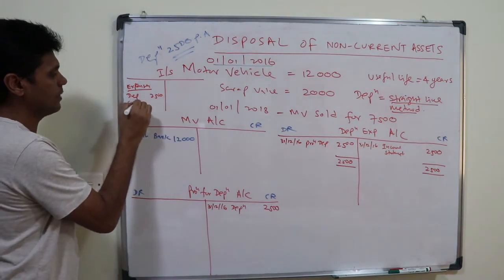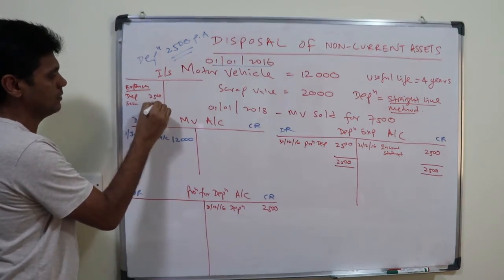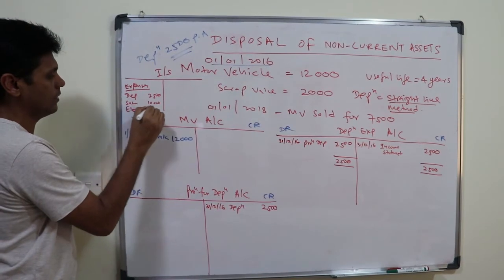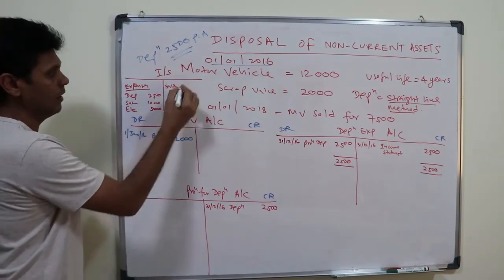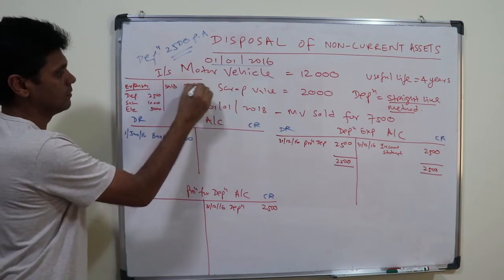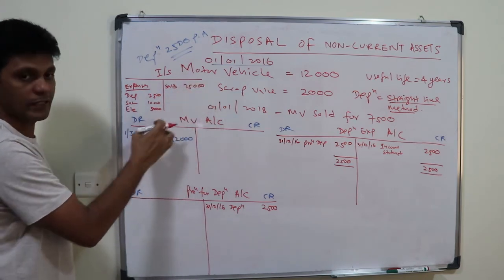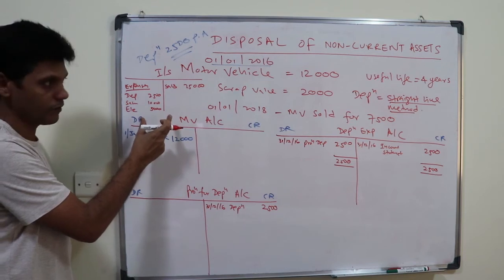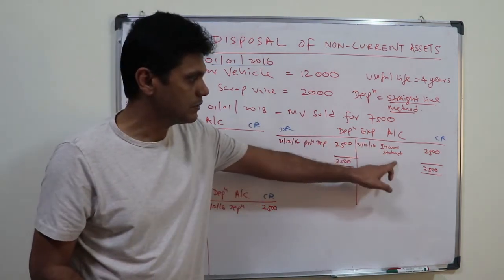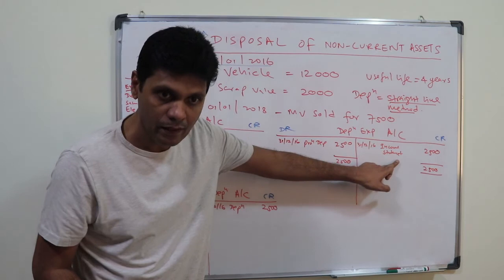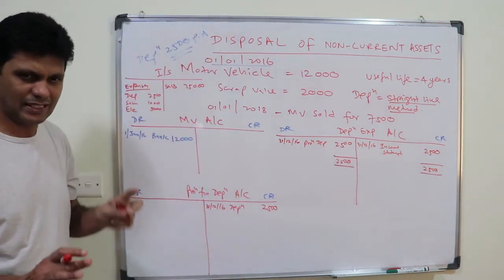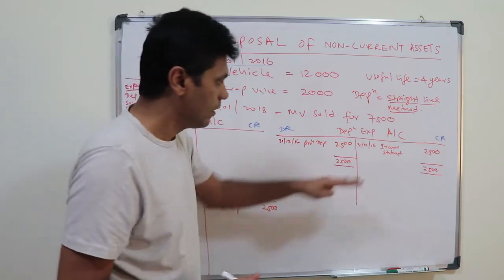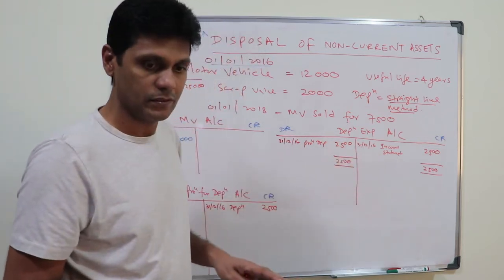So you will have salaries 10,000, electricity 5,000. This side you will have the sales account, let's say 25,000. Then if you balance it, you will get the profit. So basically depreciation expense account we are transferring to the income statement. Is that clear? Okay, this account we closed.